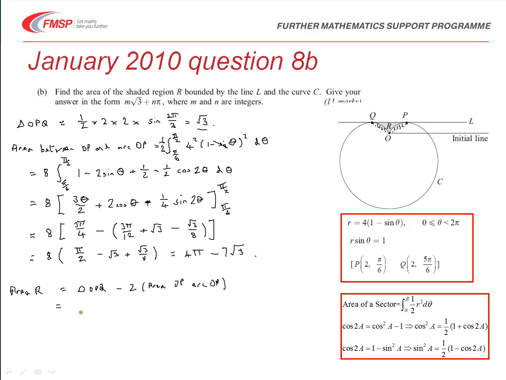So that is going to give us root 3, the area, minus twice 4 pi minus 7 root 3.